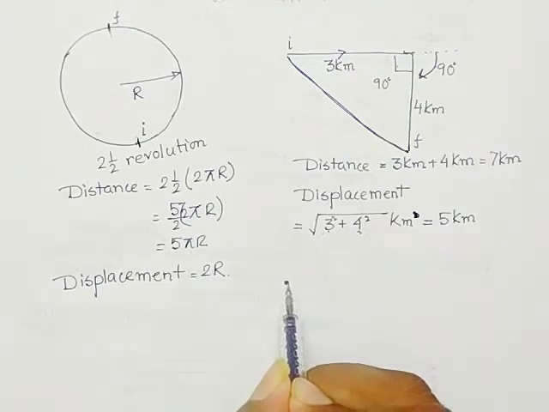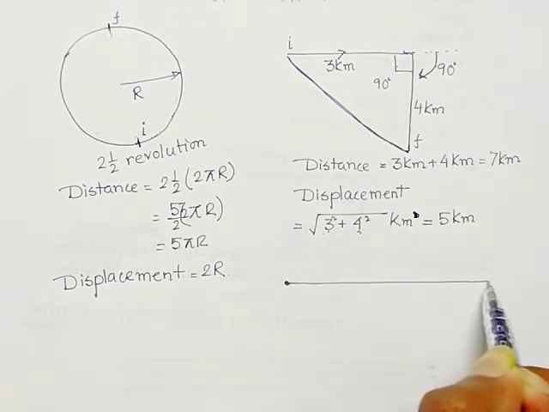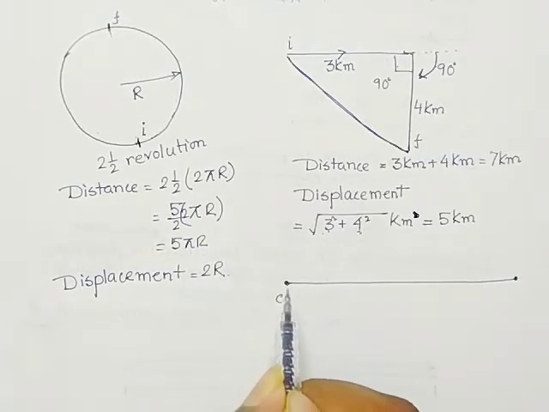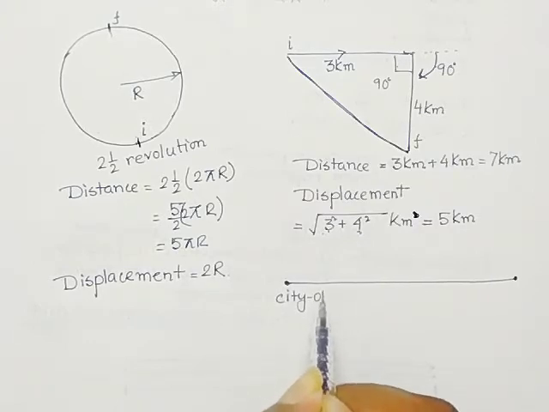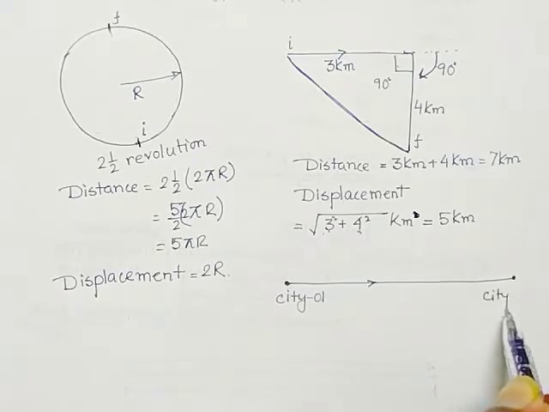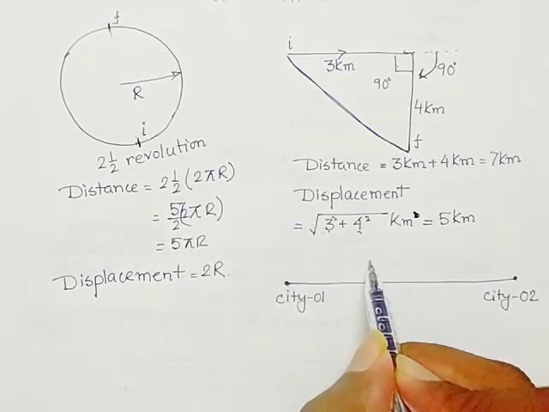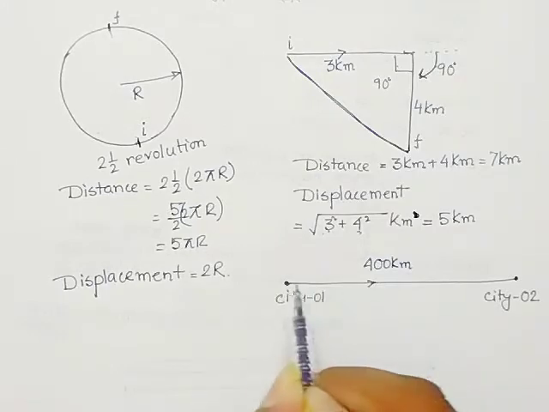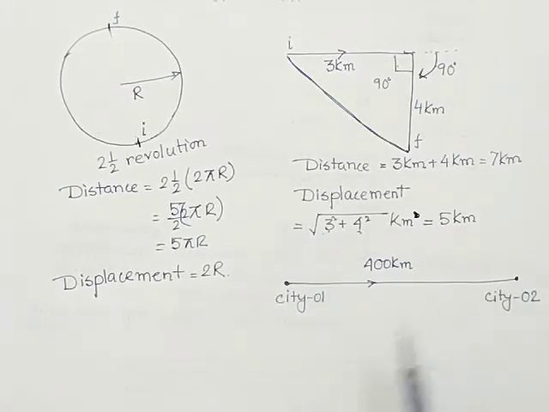Now if I consider a straight highway, a cab is starting from city 1 and it is moving towards city 2, and in the meantime it covers 400 kilometer. The distance between city 1 and city 2 is 400 kilometer.